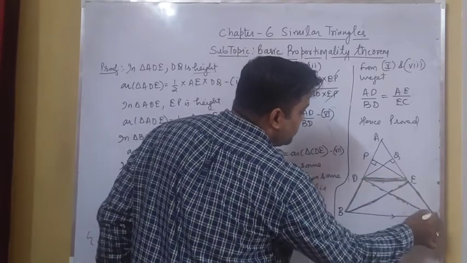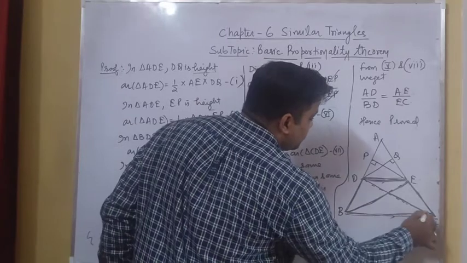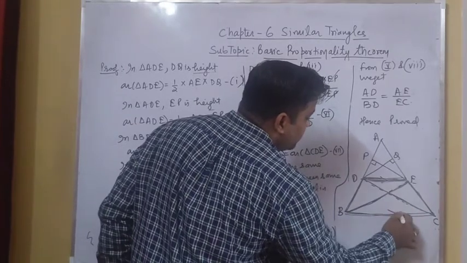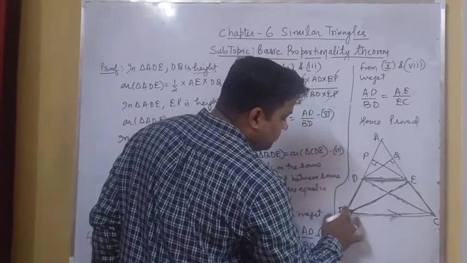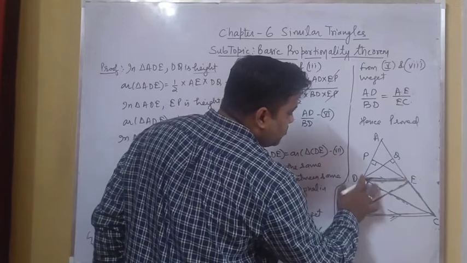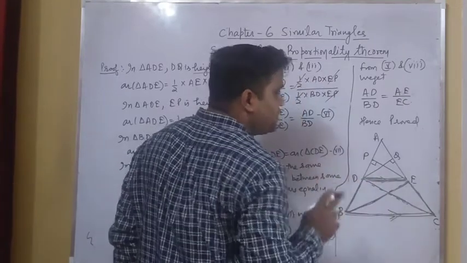Here DE is parallel to BC. That's why the area of triangle BDE is equal to area of triangle CDE on applying that theorem.